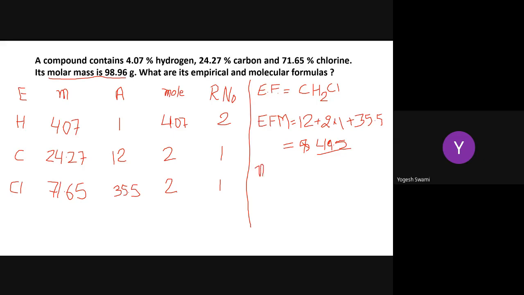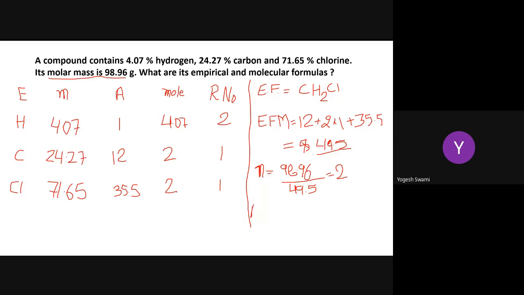First we find the ratio, that is simply known as N. N is equal to molecular mass 98.96 divided by 49.5. Double of 49.5 is 99, and this value is also equal to 99. So the value of N is 2.